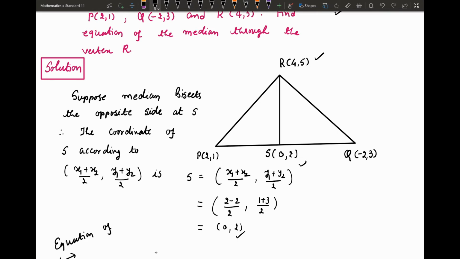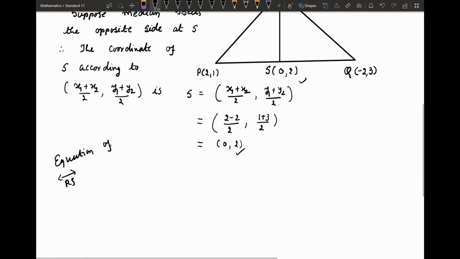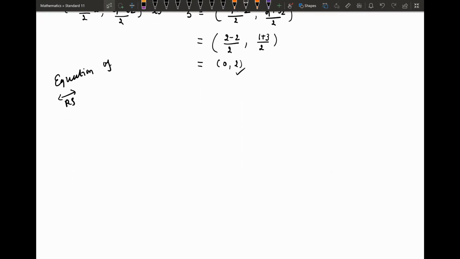For two points A(x1, y1) and B(x2, y2), the equation of line AB according to the two point form is (y minus y1) upon (y2 minus y1) equal to (x minus x1) upon (x2 minus x1). So now we use this two point form to find the equation of line RS.